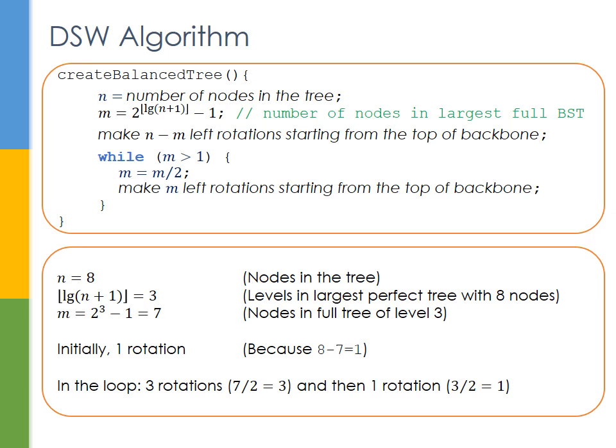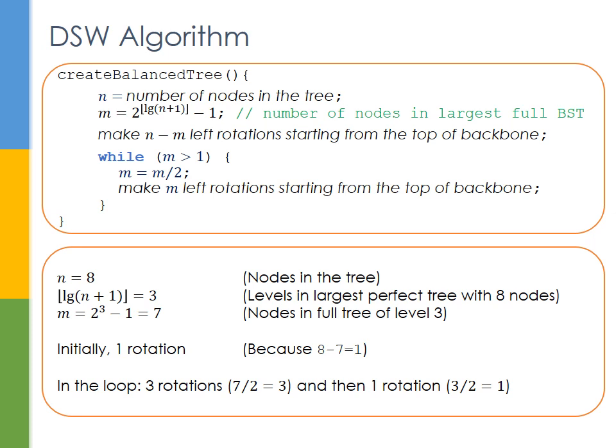So now we need to compute the number of nodes in this largest perfect tree, which has 3 levels. We compute the value of m by taking 2 to the power of 3, which is the number of levels, and then subtracting 1 from that, which gives us a value of 7. This indicates the number of nodes in the largest full tree that we can construct given 8 nodes.